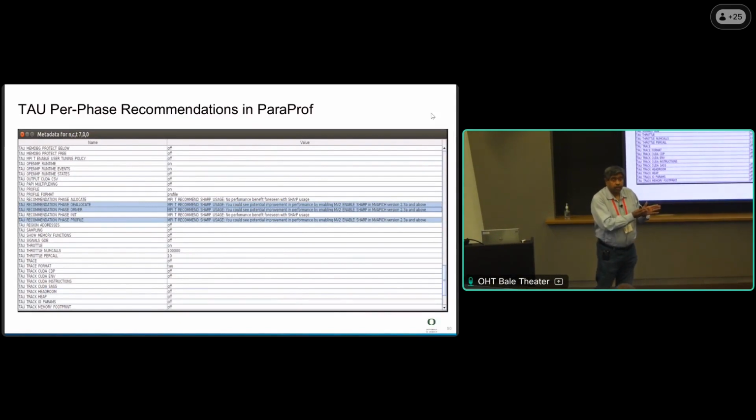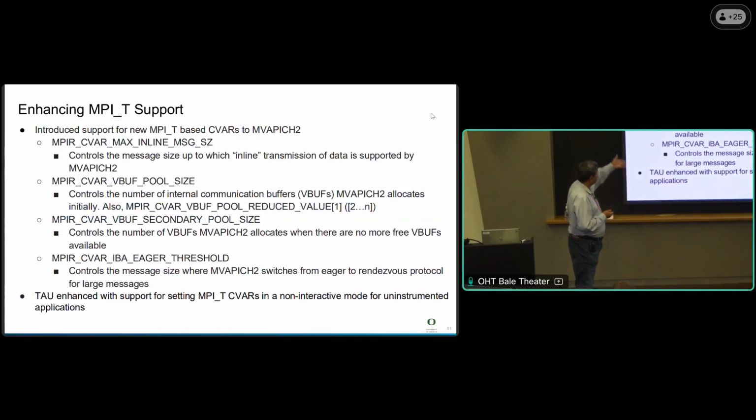Offload that operation to the SHARP interface and let the smart NIC take care of the collective operation. So there are a number of different memory related internal control variables. You can think of these as knobs. Your application is running. You can turn these knobs at runtime and then affect the behavior of the MPI runtime.